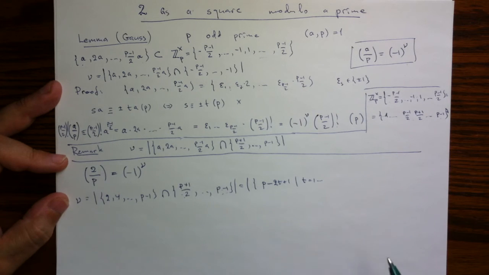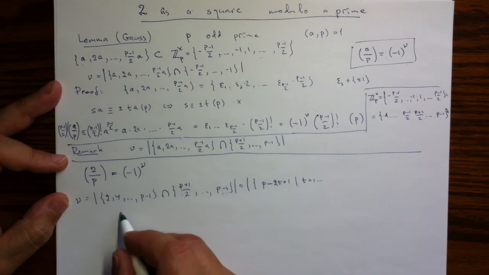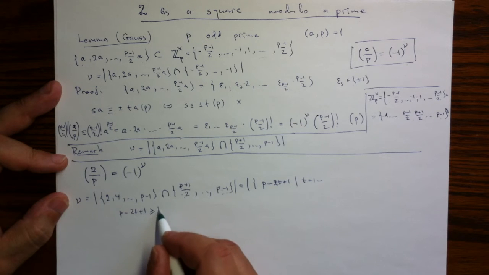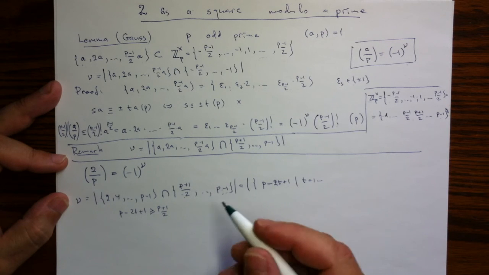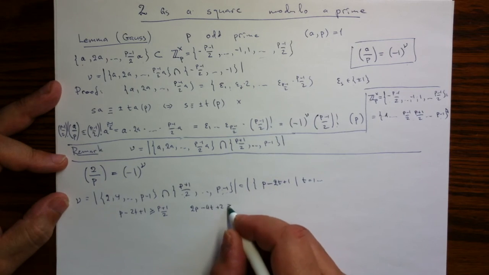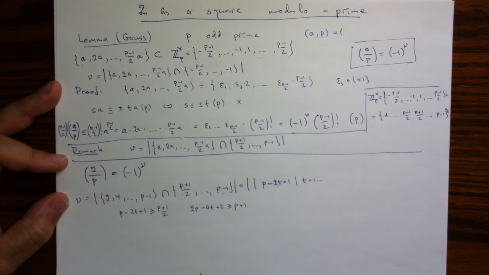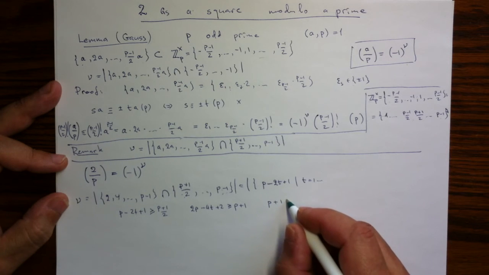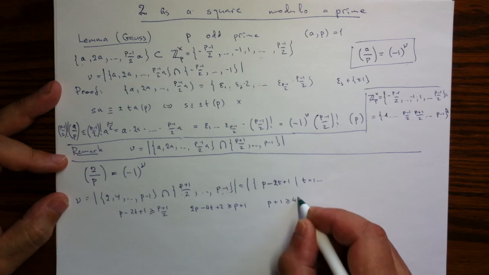So when do we run out? We just need to be in this set, so the p minus 2t plus 1 has to be bigger or equal than p plus 1 halved. So just clearing the denominator, multiplying by 2, we'll have 2p minus 4t plus 2 bounded by p plus 1. Then doing a cancellation, we have p and then plus 1 and negative 4t, which we can put on the other side.